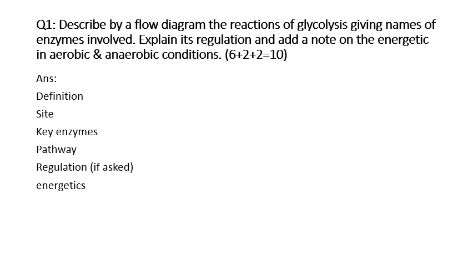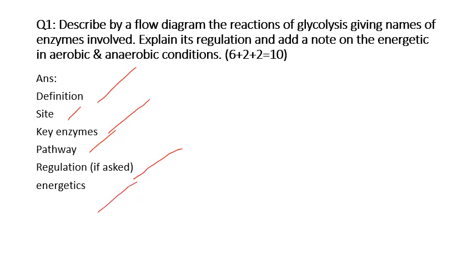So whatever it is, your answer should have these points in your answer, that is definition, site where it occurs, key enzymes, pathway, in between I forgot to write, that is the significance of pathway, then regulation and energetics.